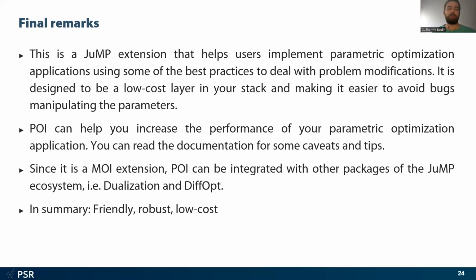And although POI can help you increase the performance of your parametric applications, it's not a silver bullet that will always work, but you can read the documentation for some caveats and tips on other tools and other JuMP options that you could use to help you increase performance. And since it's a MOI extension, ParametricOptInterface can be integrated with other packages in the JuMP ecosystem, such as Dualization and DiffOpt.